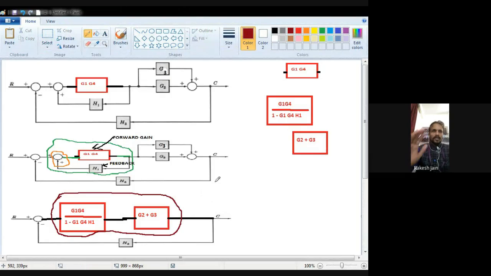So I know the rule: if the blocks are in cascade, just multiply them. So when I multiply them, G1 G4 multiplied by G2 plus G3, divided by 1 minus G1 G4 H1.